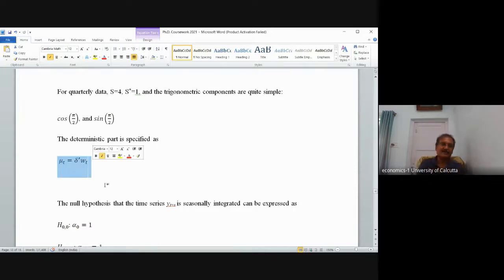In the original version, the deterministic part considers the drift parameter, the deterministic trend, as well as the seasonal dummies. So we can write these three parts in compact form as delta prime WT.